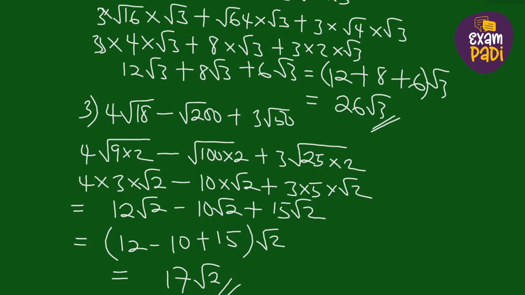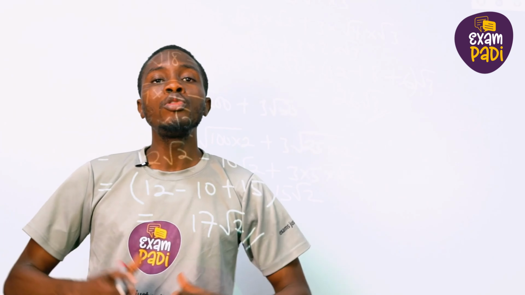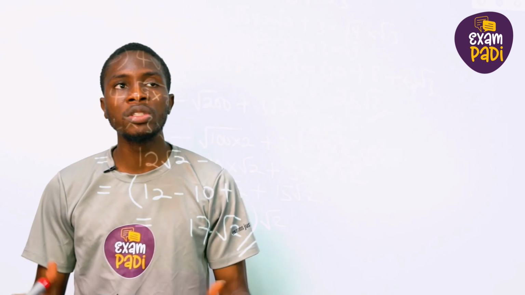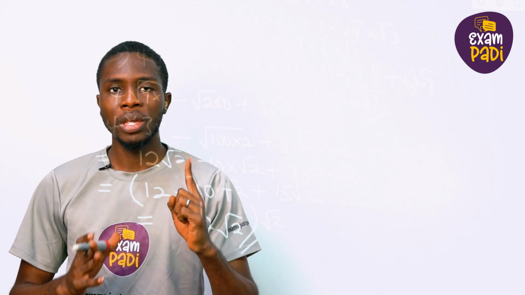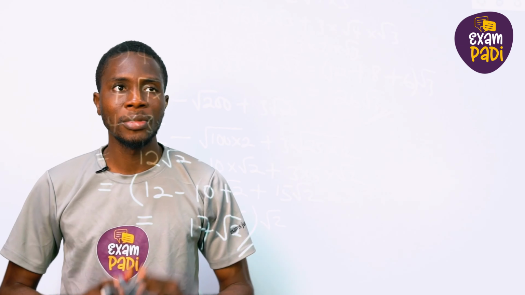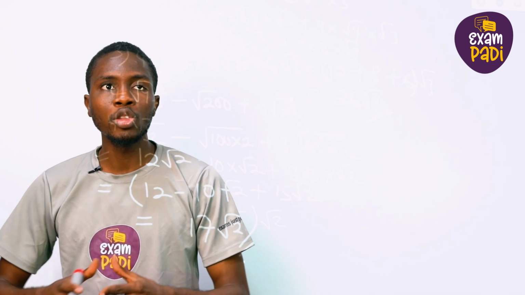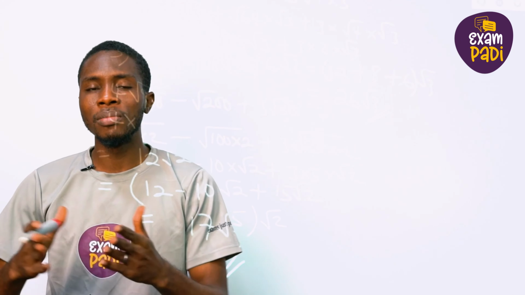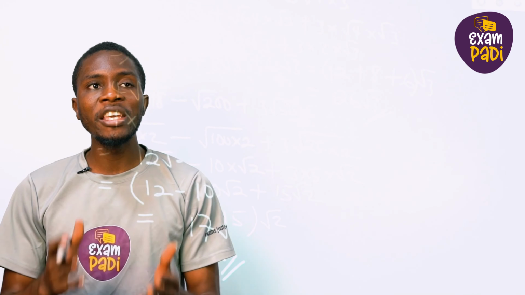The next is the multiplication and division of surds. There are rules we need to take note of when multiplying and dividing surds. A. Simplify the surds if possible. B. Group the numbers together, coefficients of surds together, and then multiply. C. Simplify further if possible.